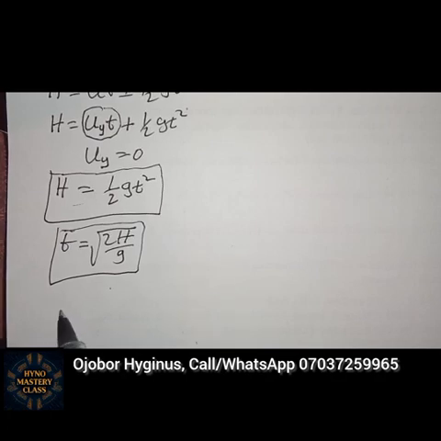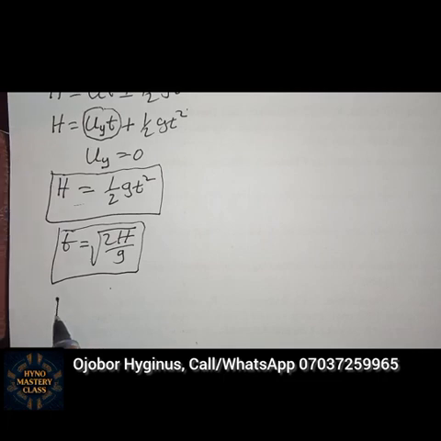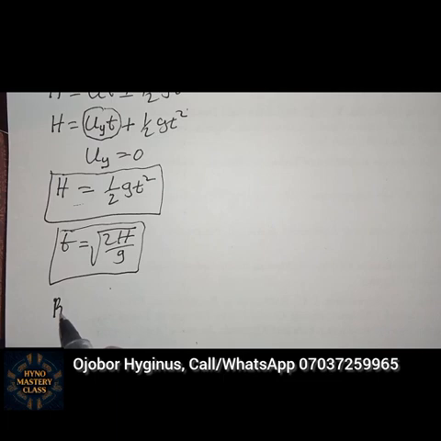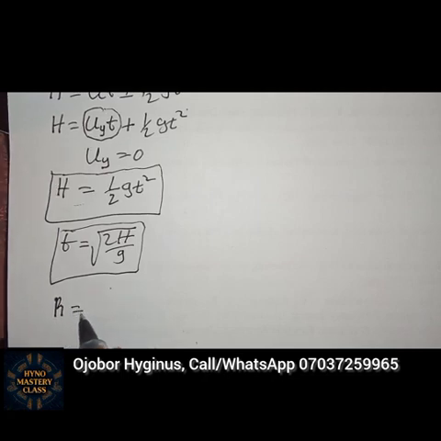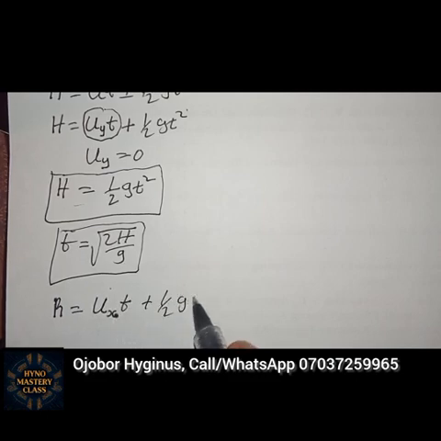So another thing we can determine is the range using the same formula, h equals ut plus half gt squared, but h this time around will be represented with r. Remember, h is a height and could also be referred to as a distance. So if we consider horizontal motion, since the range is horizontal, this u will be u of x, the horizontal component of the initial velocity, times the time, plus half gt squared.